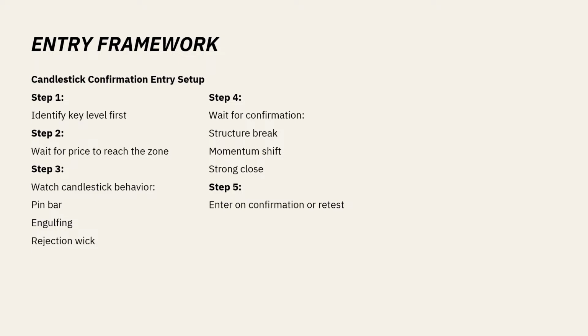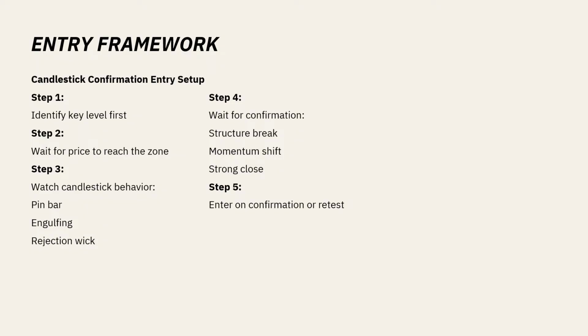Then step three, watch candlestick behavior carefully. Do we see rejections? Do we see an engulfing candlestick? Do we see a strong wick? Or do we see momentum slowing down? You have to pay attention to those.